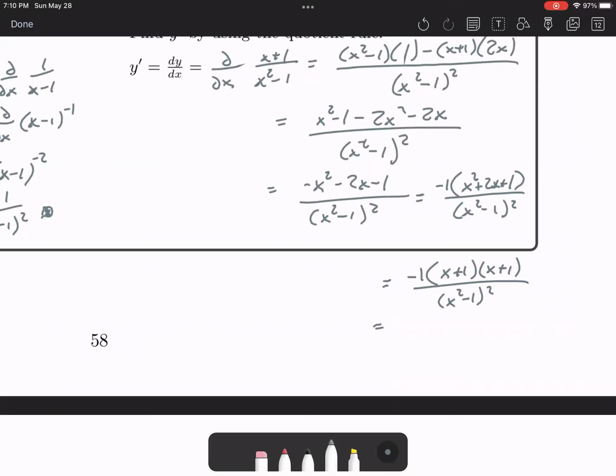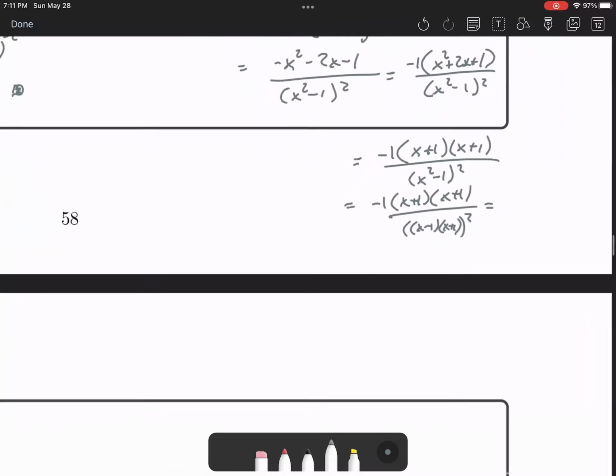All right, and that x squared minus 1 has an x minus 1 and an x plus 1 inside of it. Oh man, this is a lot of algebra.